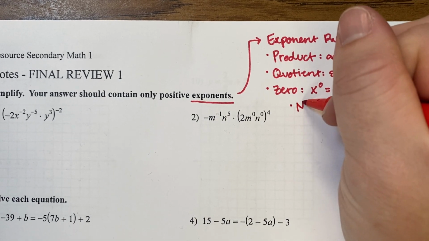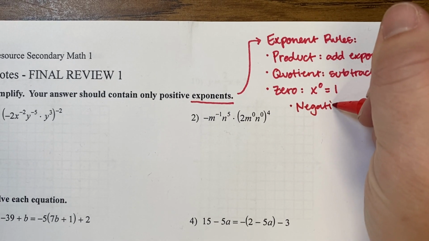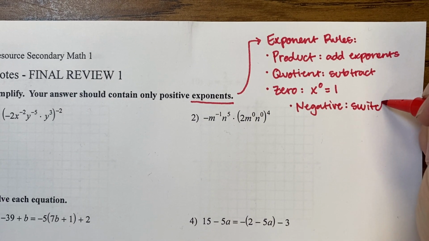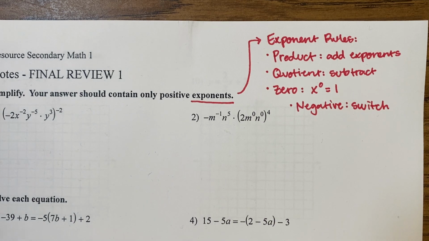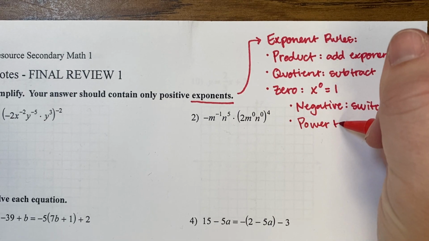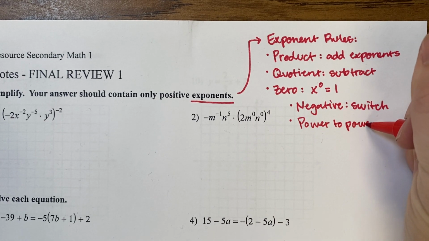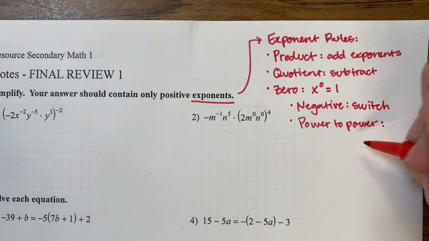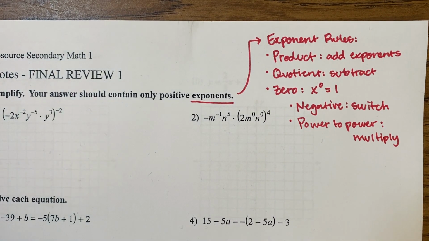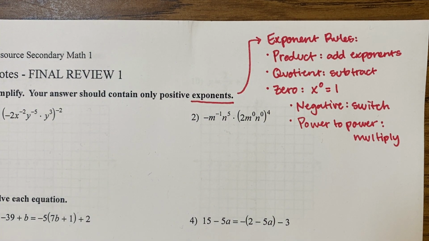Then we had our negative exponent rule, and thinking it switched places, either from the top to the bottom or from the bottom to the top. And then we had our power to power rule, and that is where we multiplied the exponents. So that's just a quick recap of the exponent rules that we learned about this year.